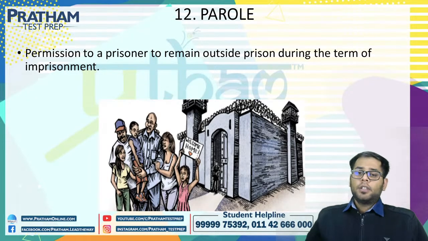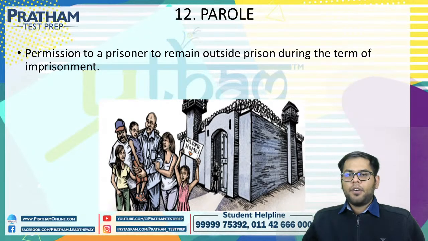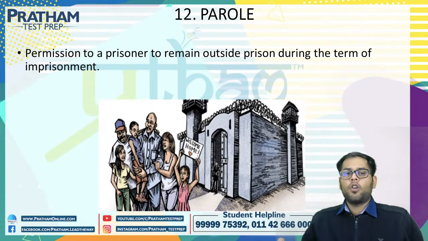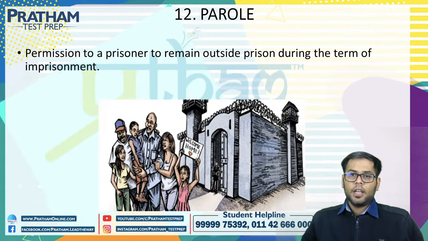Now parole. Parole is a term that we have heard a lot during the case of Mr. Sanjay Dutt, right? That Mr. Sanjay Dutt was being let out on parole for a very long period of time. That was also an issue that was happening a lot in such criminal cases. Now, what does parole mean? What is parole? You can also say furlough, it is the same thing, right?